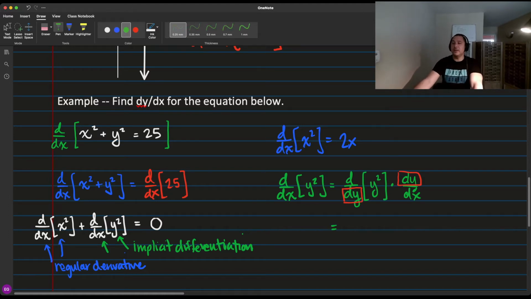So what is the derivative of y squared with respect to y? Yep. And then dy dx just stays as dy dx.